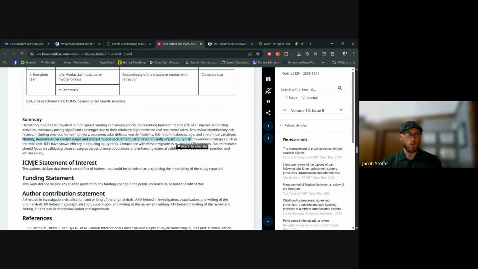Rather, things that I know impair these factors are things like not getting enough sleep, not getting adequate nutrition, not getting enough time. You're essentially not putting as much effort into recovery as you are into the effort of sport itself. That's where a lot of these will creep up.